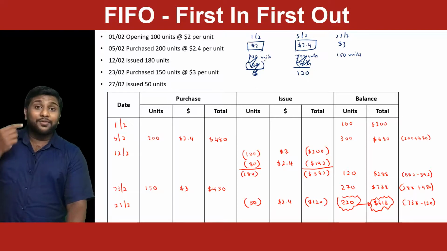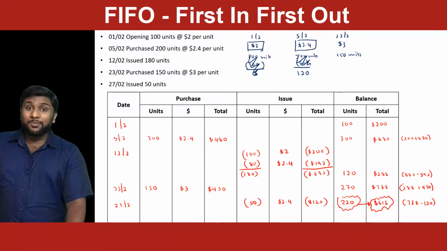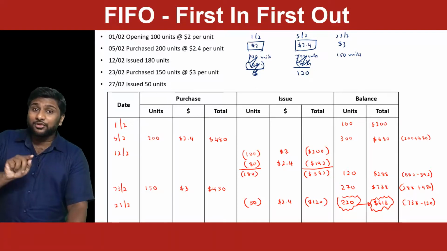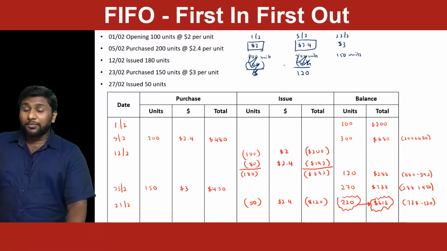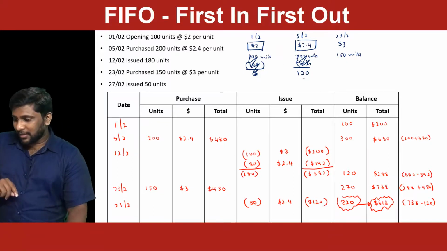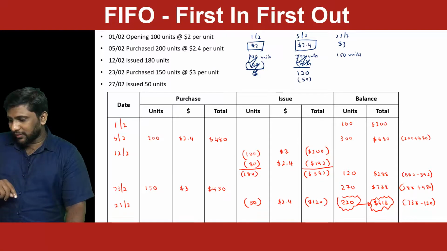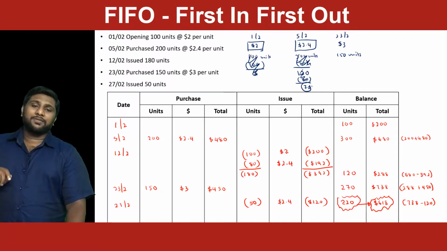So $2 worth material is what you received first, but it's over. So you have to issue that 50 units from what? From $2.4 worth materials. So I am issuing that 50 units from this $2.4 worth materials from 120. If I issue 50, balance will be how many units? 70 units.